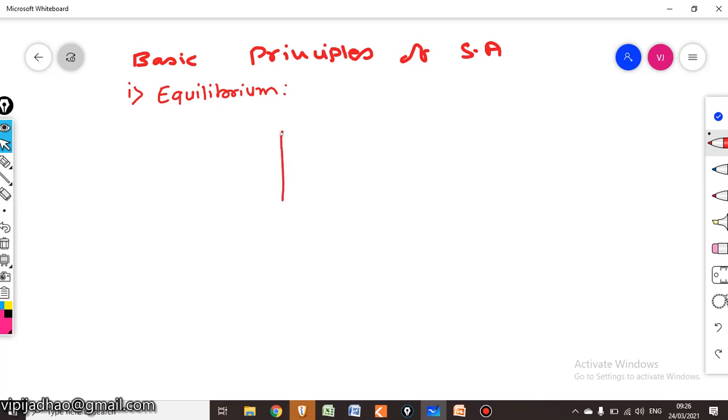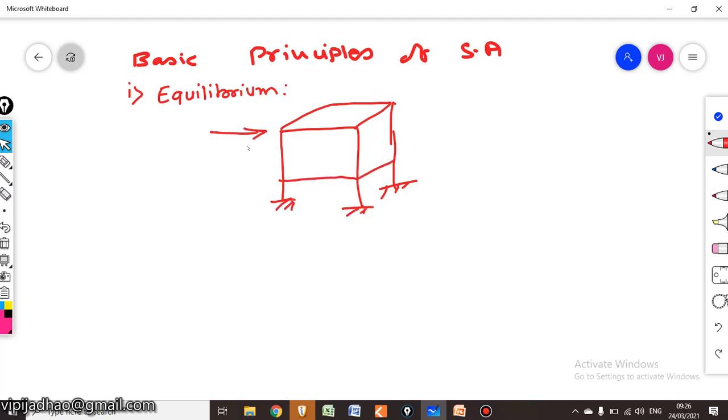Let us consider we have some structure, and let us consider this particular structure is subjected to some horizontal loading. Let us consider this is an earthquake load.